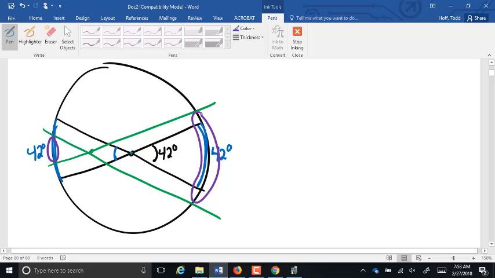The question is by how much? Well, because these are parallel here, this piece and this piece are the same. This piece and this piece are the same. So what was gained here is equal to what's lost here. So the total between those two arcs is still 84 degrees. This angle is still 42 degrees, and this angle is still 42 degrees.